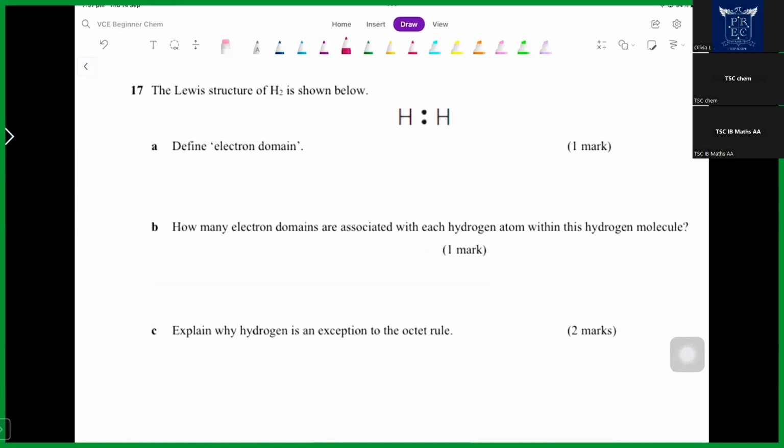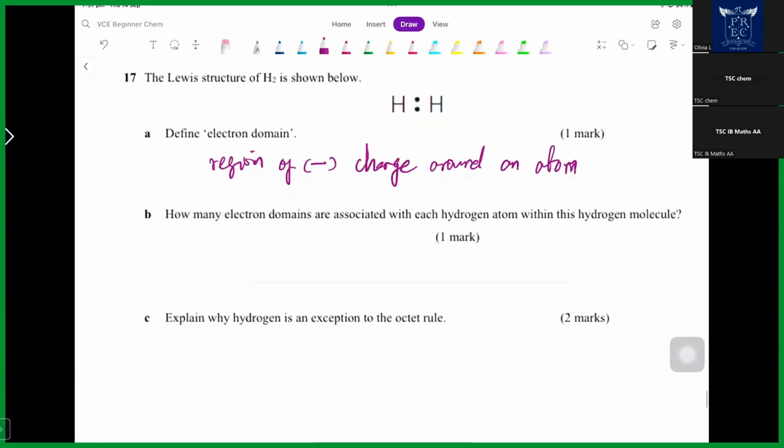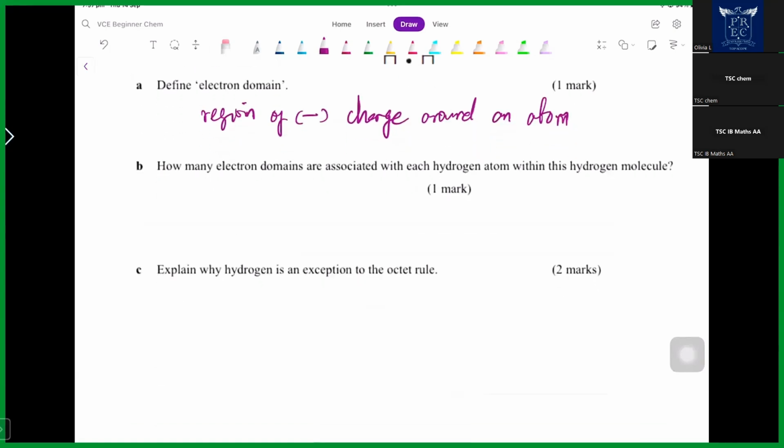Okay, what is an electron domain? It is a region of negative charge around an atom, right? So you only have one because it's only one electron.